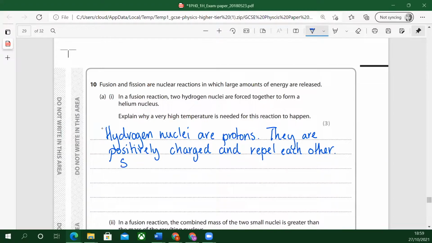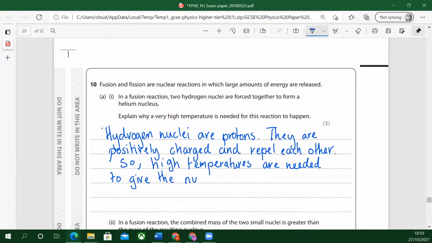Okay, so high temperatures are needed to give the nuclei enough energy to overcome the repulsion.